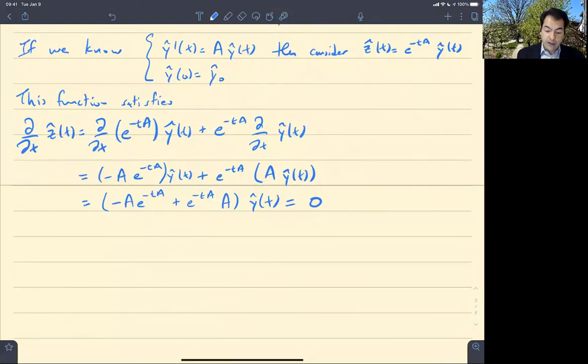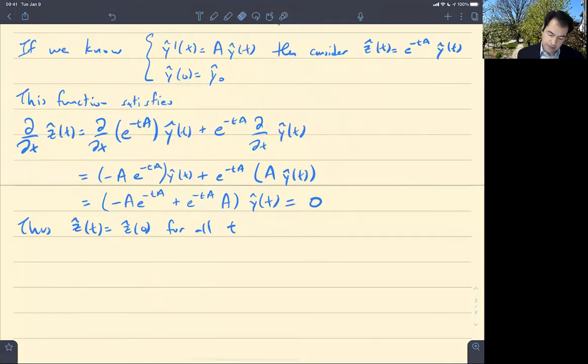Okay, so this function, c hat of t, we just checked, it doesn't depend on t at all. It's a constant. C hat of t is equal to c hat of 0 for all t. Okay, but we know what c hat is.